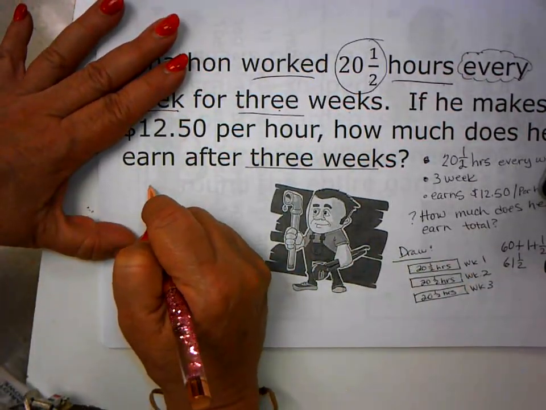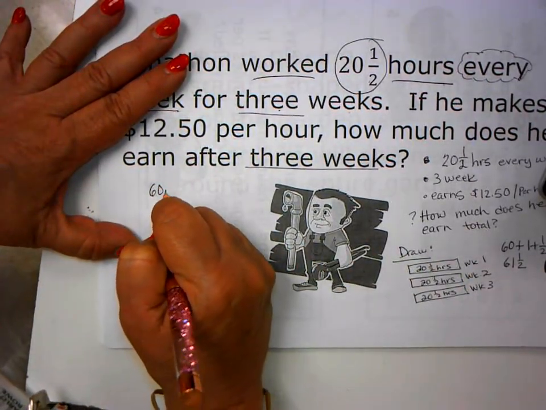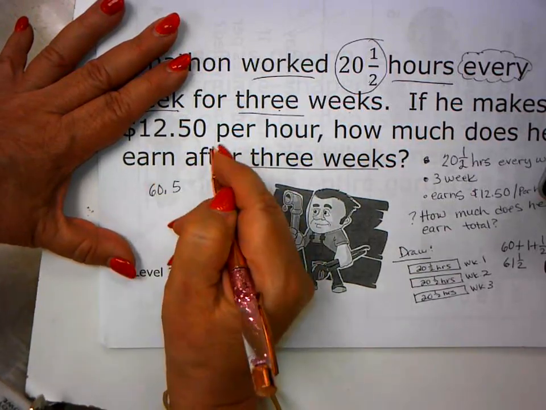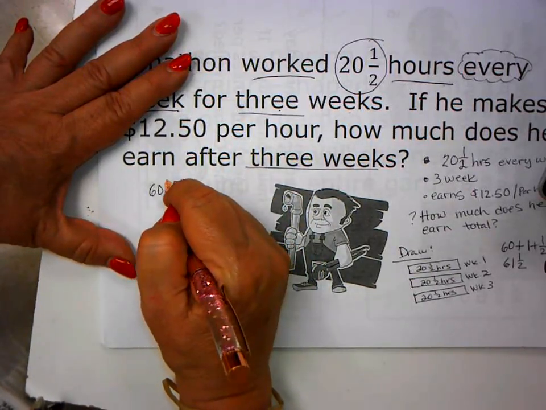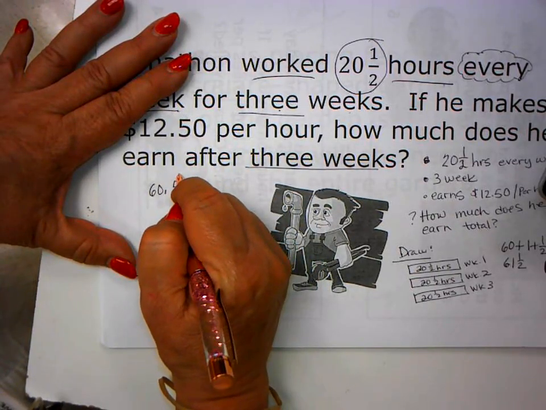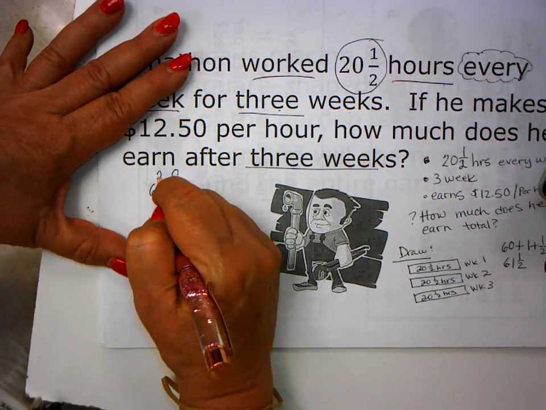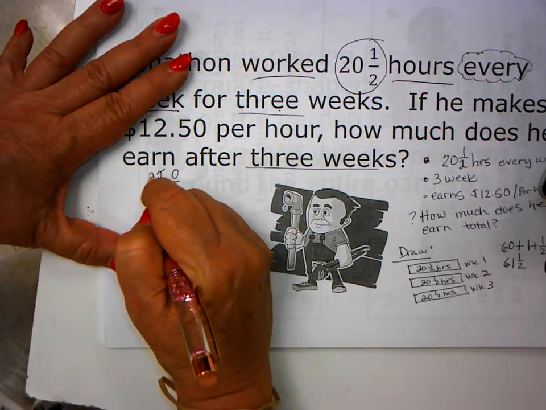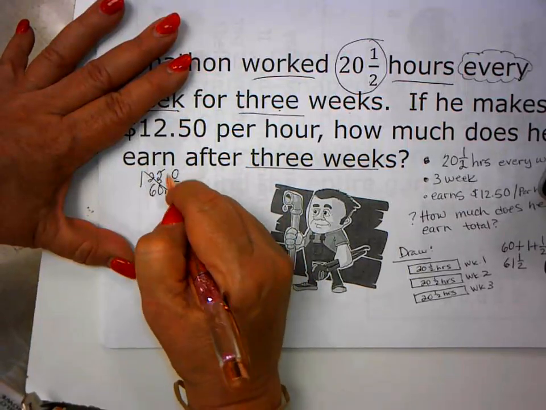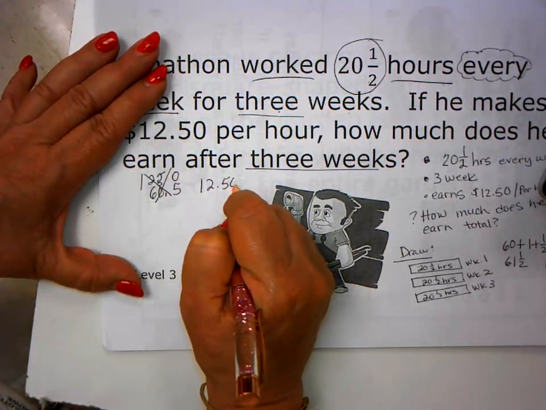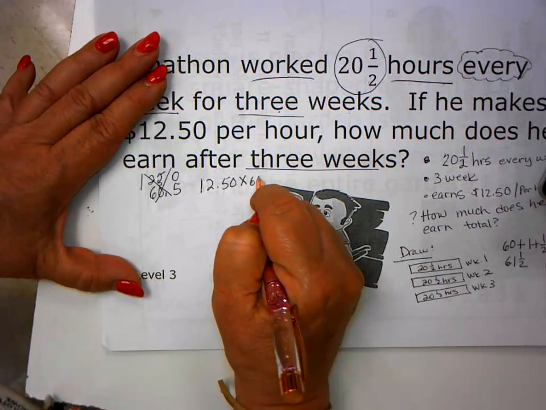So now I have 60.5. And I'm going to put, oh, my brain just went bonkers, right? It's $12.50 times 60.5.